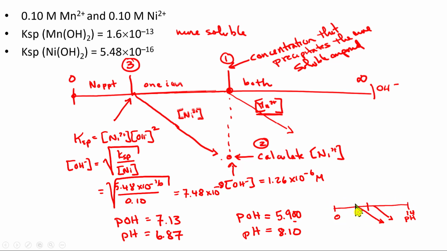Below 6.87, nothing is happening. And between 6.87 and 8.10, one ion precipitates, mainly nickel, and then beyond 8.10, everything's precipitating out of solution.